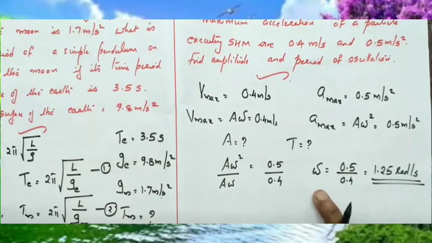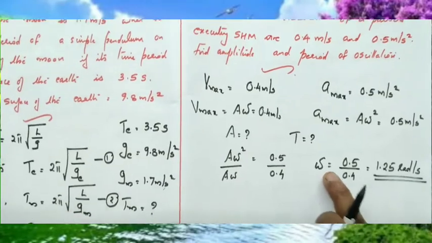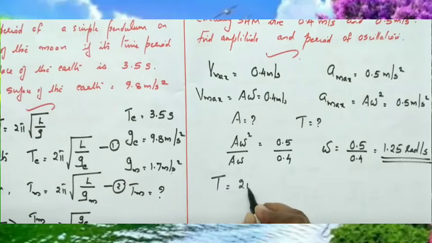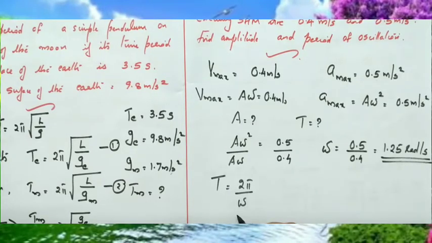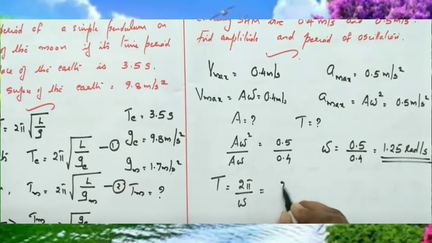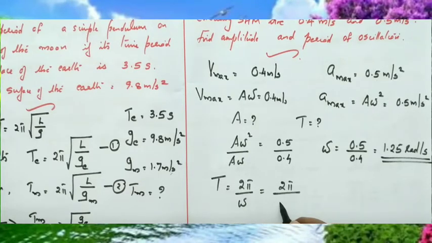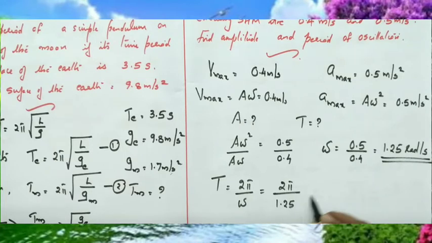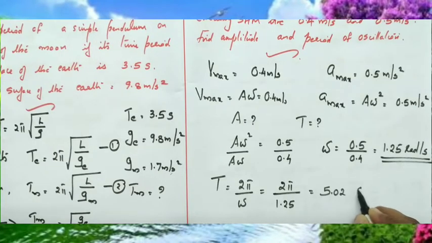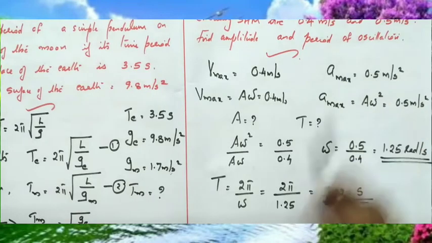So you get the angular frequency omega. From the angular frequency, how will you find the time period? We know time period T equals 2 pi by omega. Substituting 2 pi divided by 1.25, the answer is 5.02 seconds. So that is the time period.